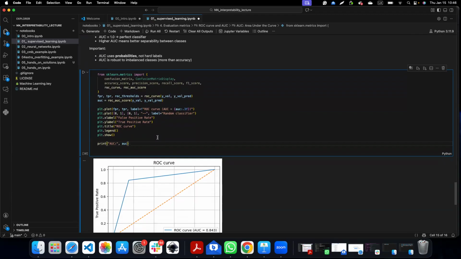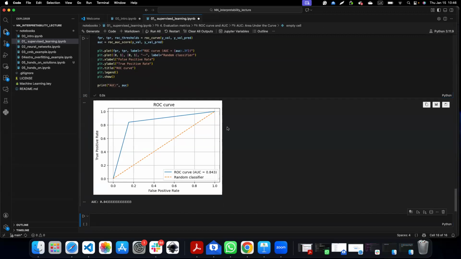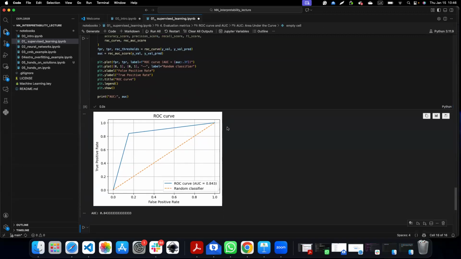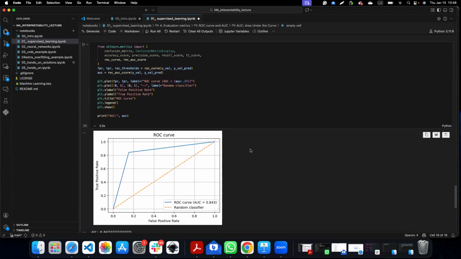You can also import the ROC curve and the AUC score. With those, you can plot it, and you can see how good or bad a classifier our logistic regression model is. So 0.84, not so bad, but still bad, right? And the random classifier is here.